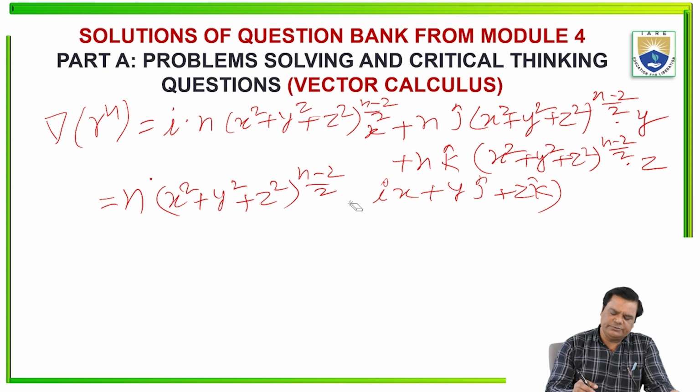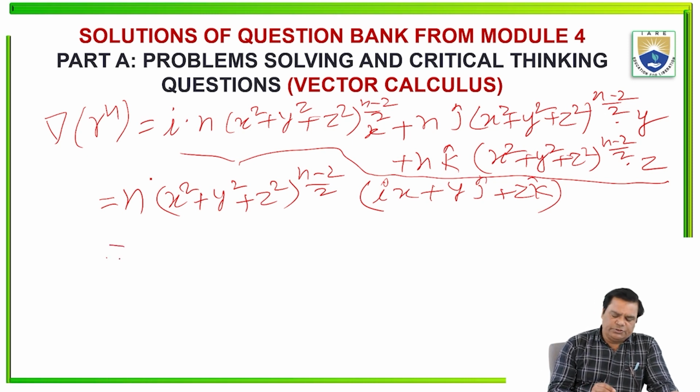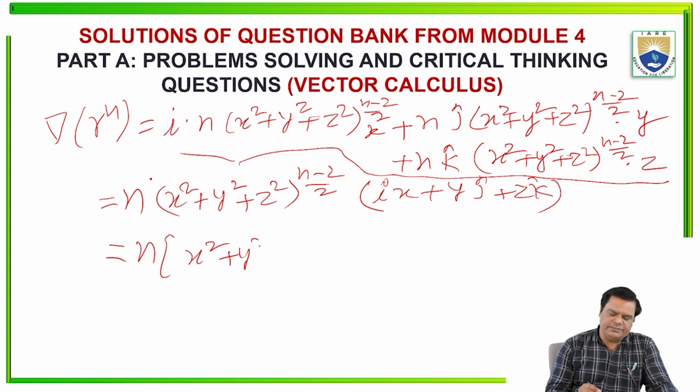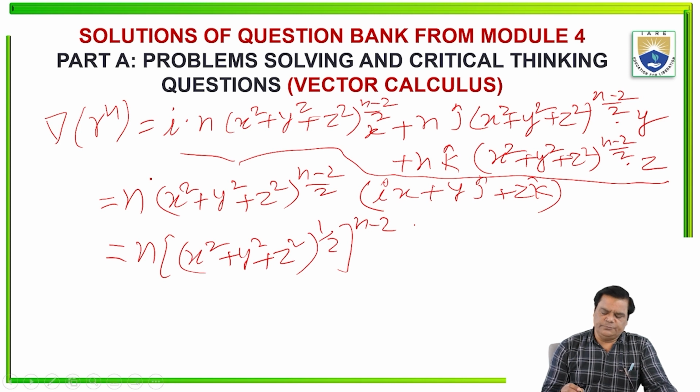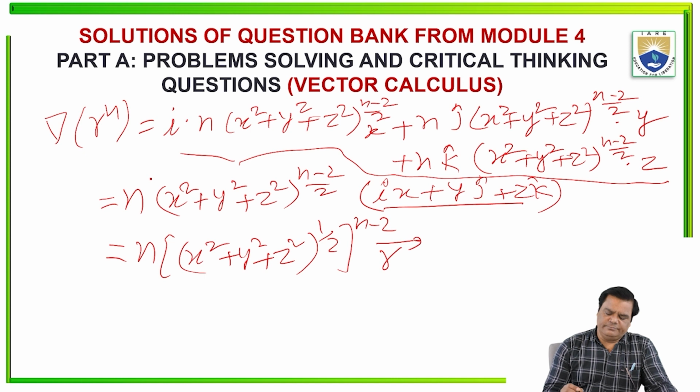This is the remaining function. This is the upper side problem. So now this equals n, and this result is (x square plus y square plus z square) whole to the power 1 by 2, whole to the power n minus 2. This is vector r, where vector r is xi plus yj plus zk.